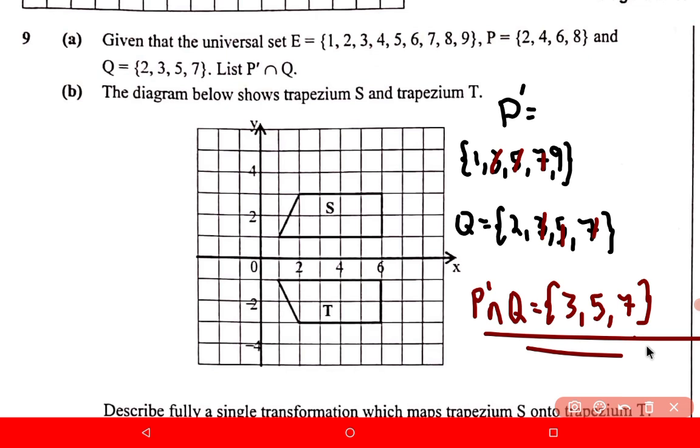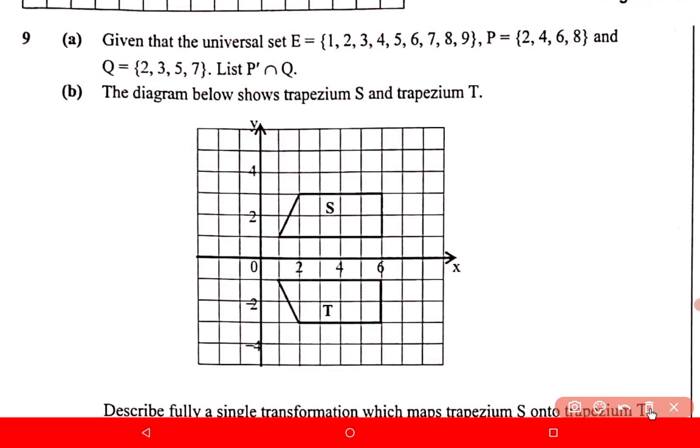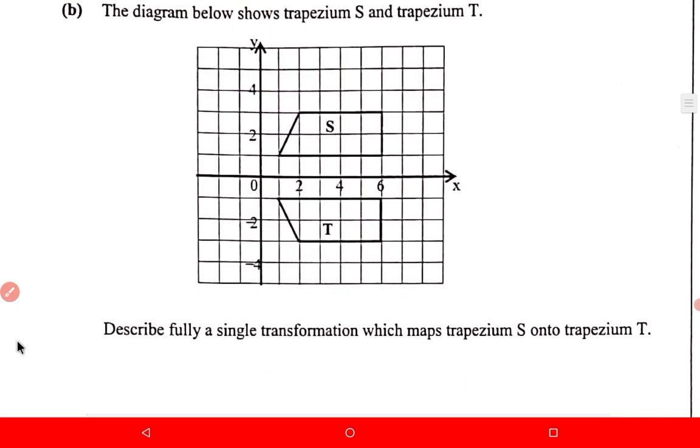Okay, then we go to question B, a very interesting question. The diagram below shows trapezium S and trapezium T. Describe fully a single transformation that maps trapezium S onto T. You find that the size of S and T is basically the same, but they are just mirror images of each other.